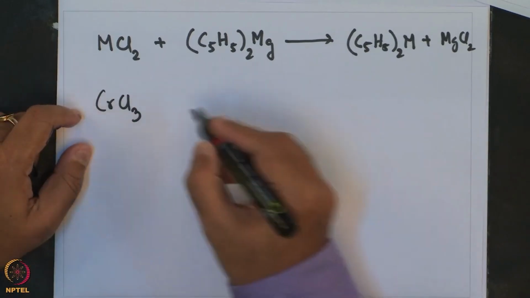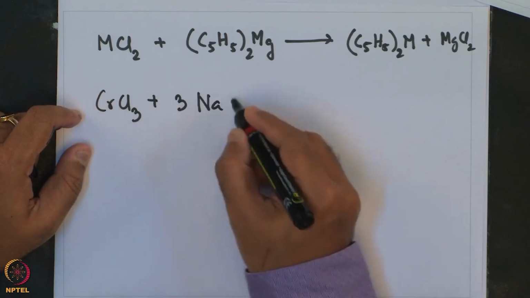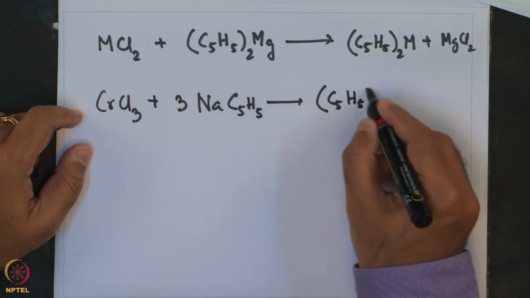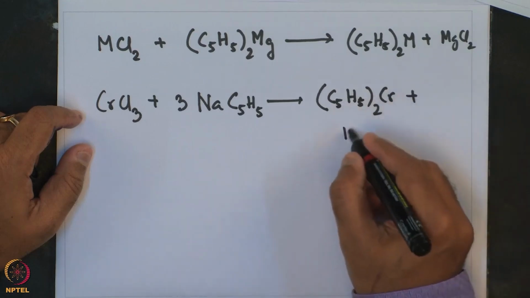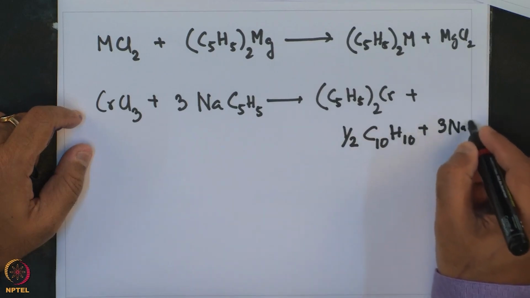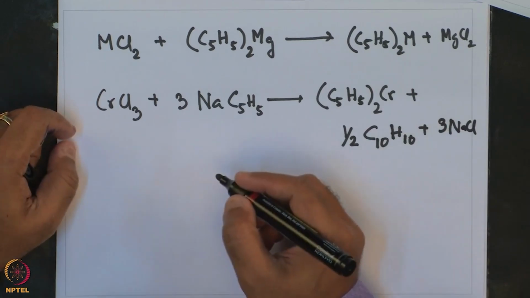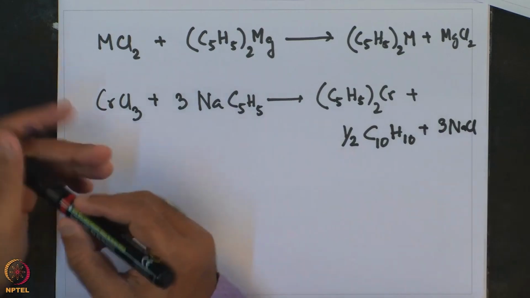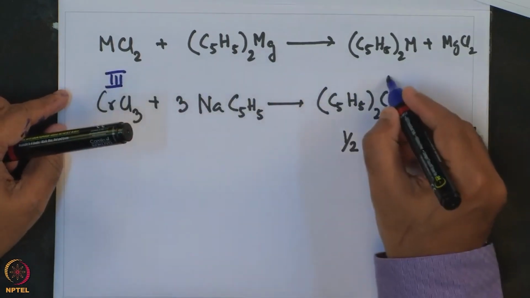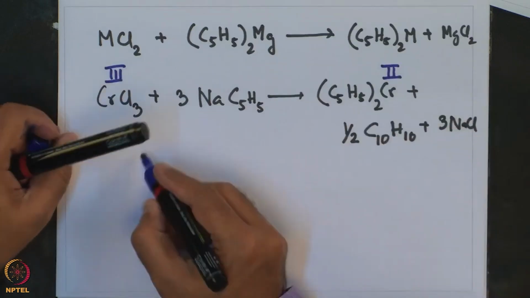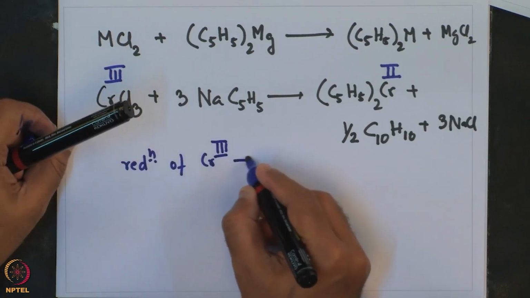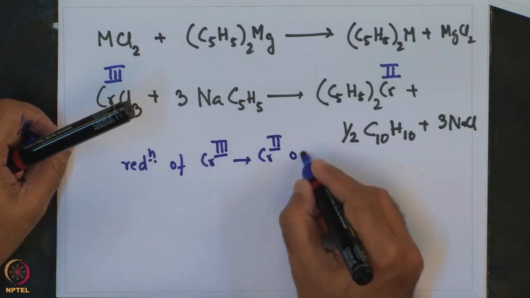And another example includes chromium chloride plus 3 of sodium Cp giving (C5H5)2 chromium plus C10H10 plus 3 NaCl. Now, over here what one sees is that chromium goes from plus 3 oxidation state to plus 2 oxidation state, and here a reduction of chromium 3 to chromium 2 occurs.